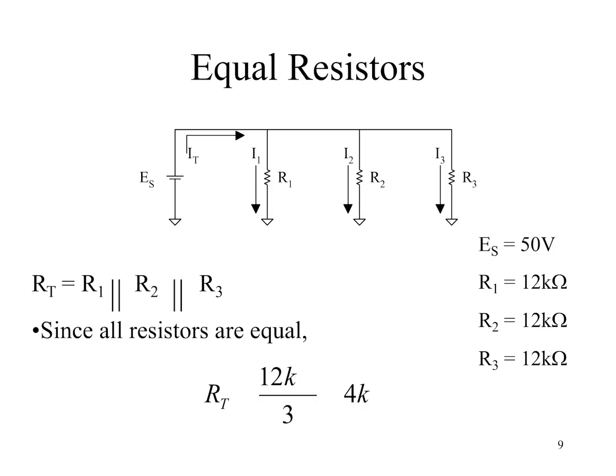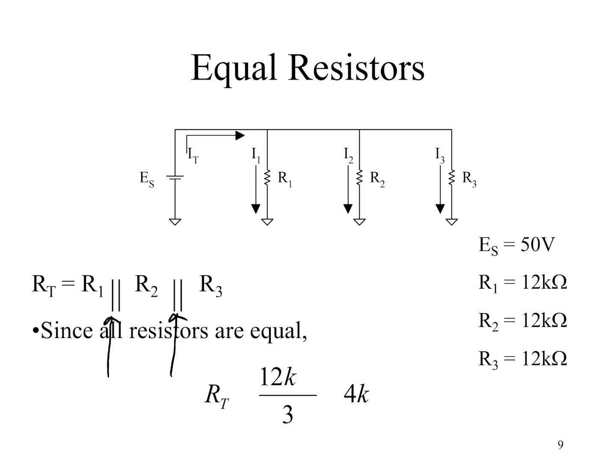All right, so remember we talked about these parallel lines indicating our opposition equation for parallel. So that's what we see here. R total is equal to R1 in parallel with R2 in parallel with R3.